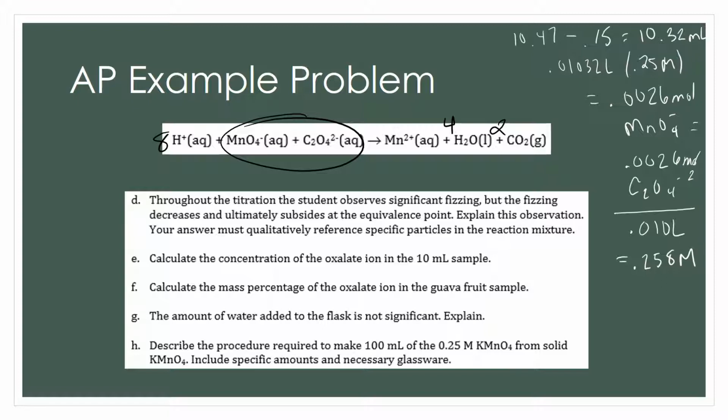We want to know what the mass percentage of the oxalate ion is in the guava fruit sample. So now that I know what the number of moles of oxalate ion are, I want to take the moles and convert them to grams. So I'm going to take my 0.0026 moles, and I'm going to multiply that by the molar mass of the oxalate ion.